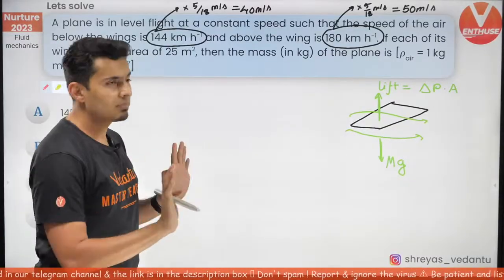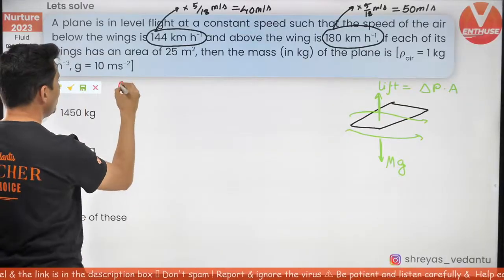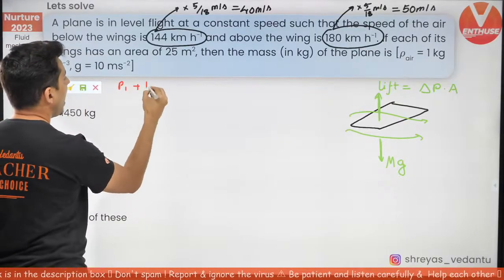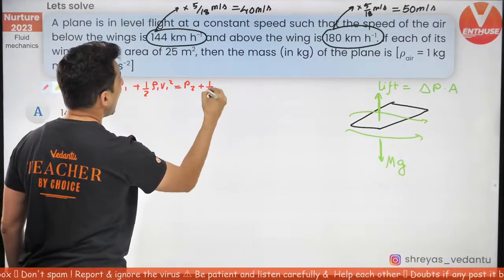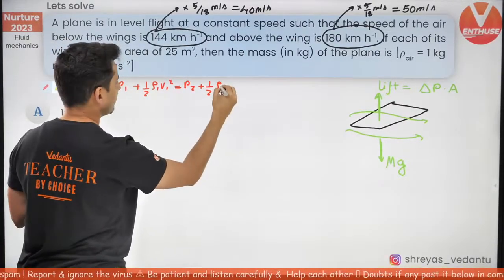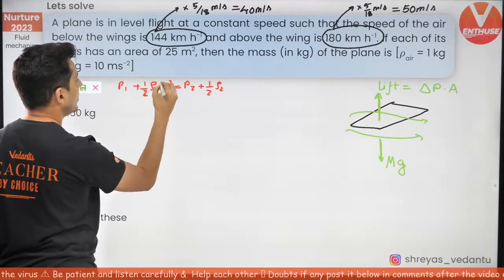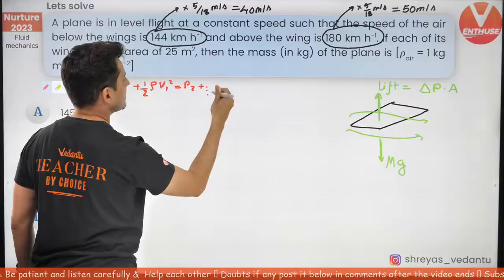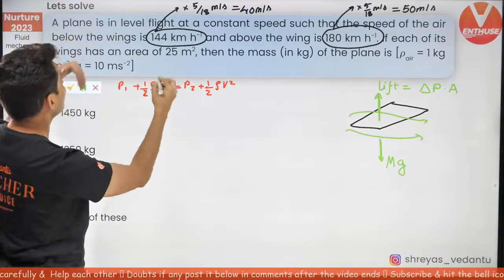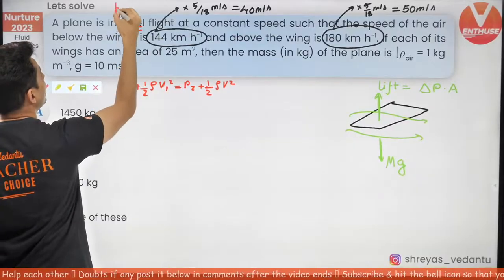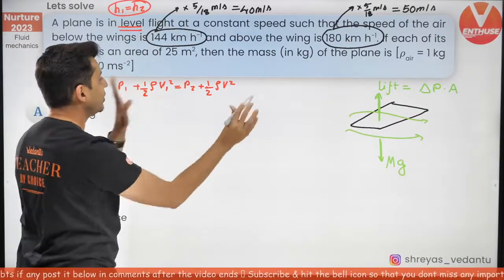Use Bernoulli. Just use Bernoulli and let's find out pressure difference. P1 plus half rho V1 square is P2 plus half rho V2 square. Rho is the same, so no need to put rho 1 and rho 2. Since the plane is in level flight, H1 is equal to H2, so I have not put the H term over here.